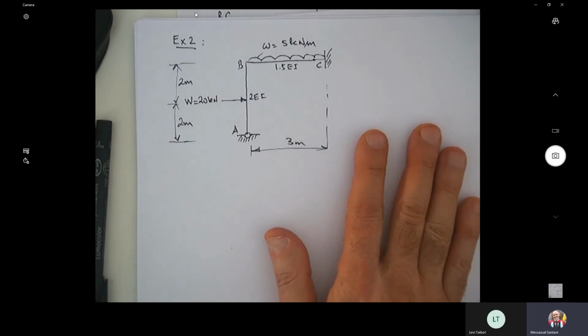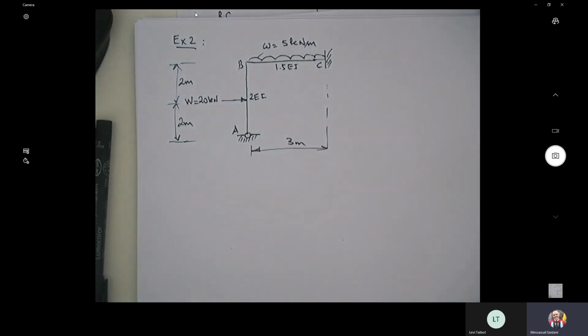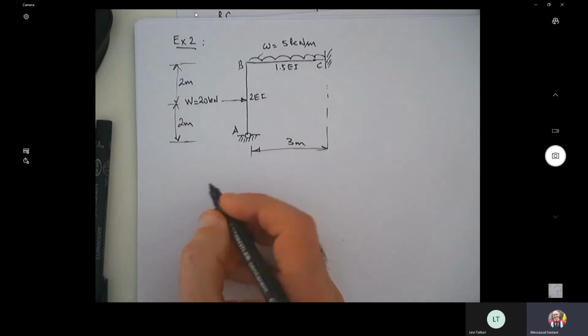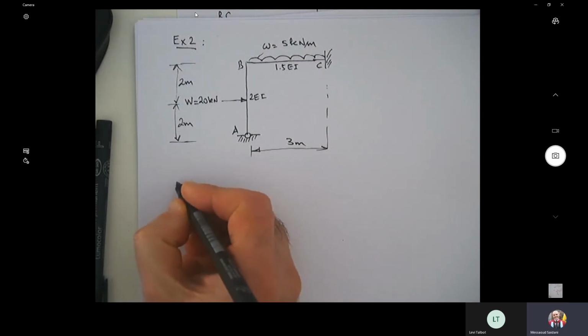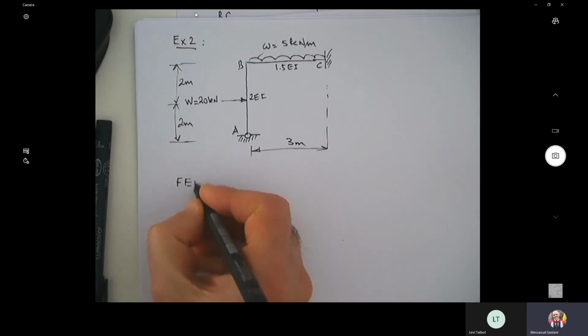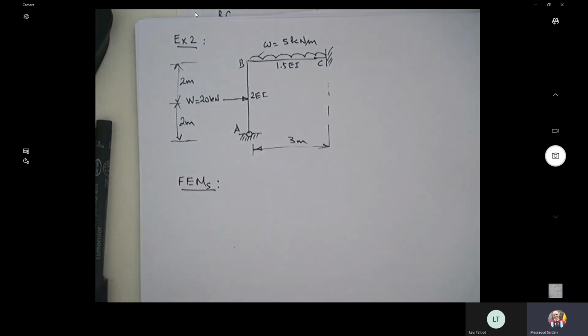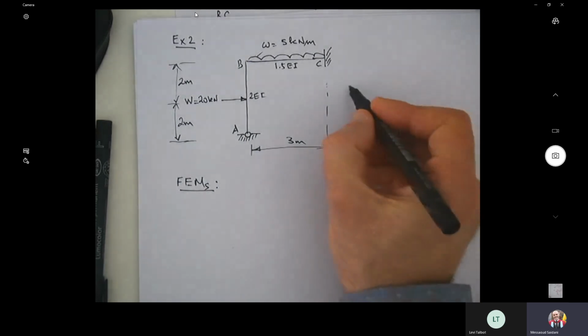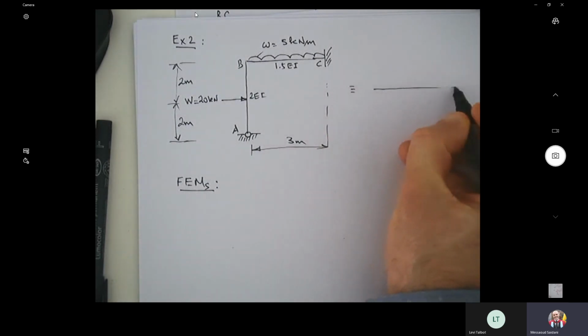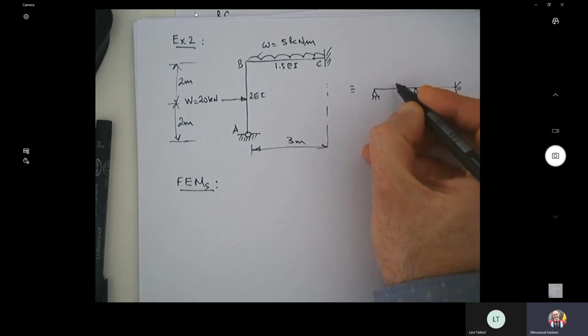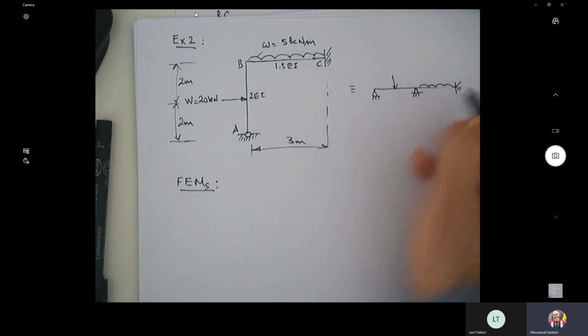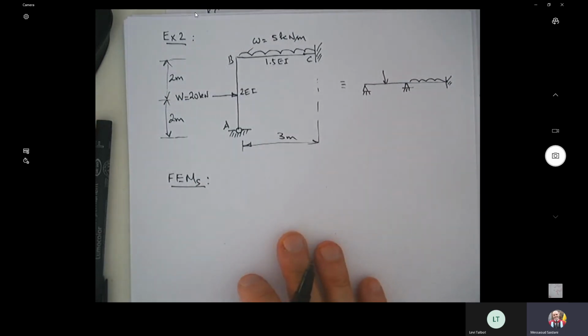Okay, let's make a start. Shall we do the fixed moment? As earlier, this is like having a continuous beam like this.